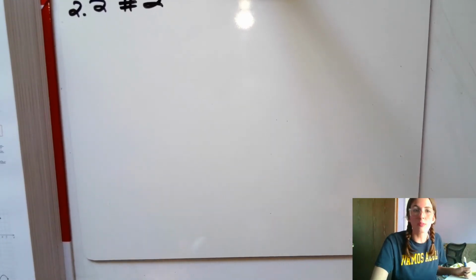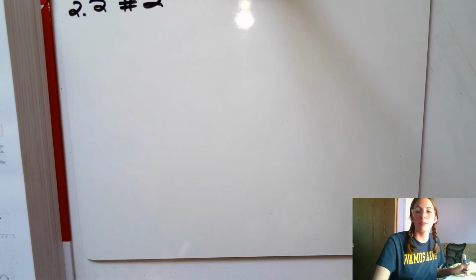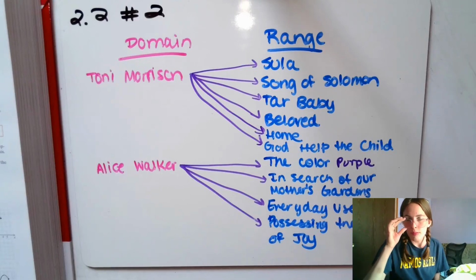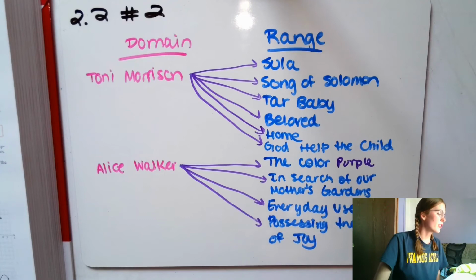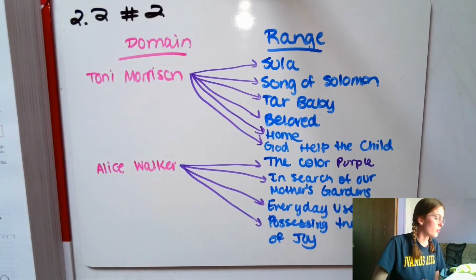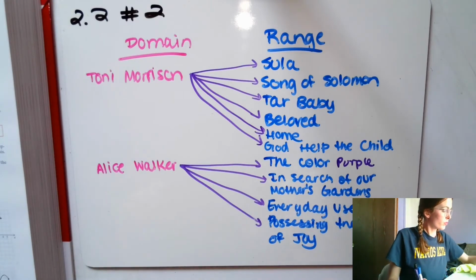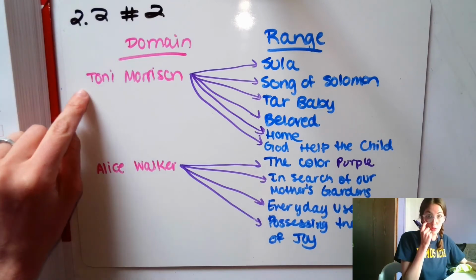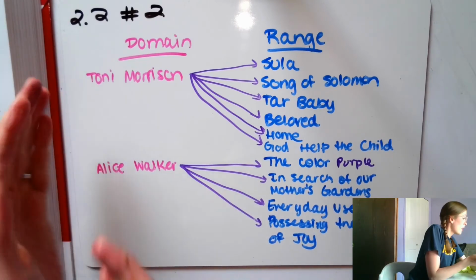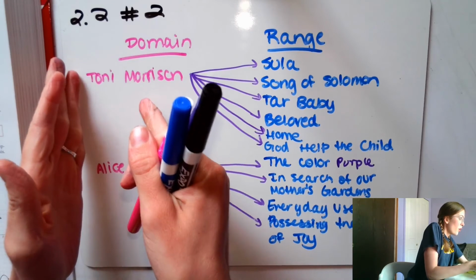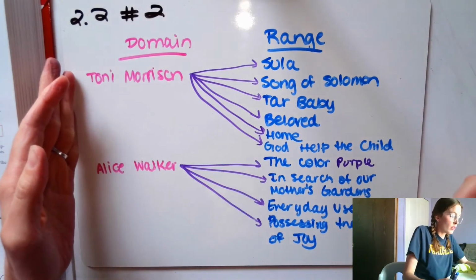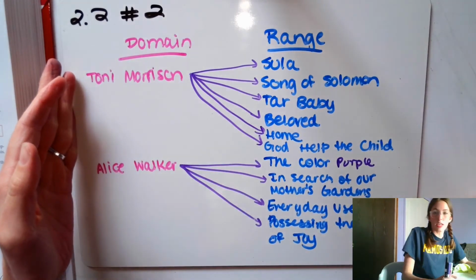Let me come up with some authors and books real quick. Okay, here we go. I found a list of some of the books by Toni Morrison and by Alice Walker. So here we go. So we're checking again if this correspondence, which assigns to a best-selling author the titles of books that they've written, is a function.